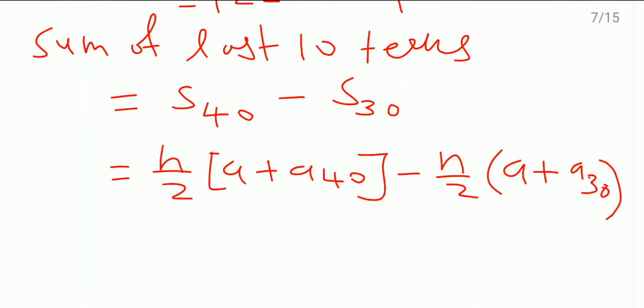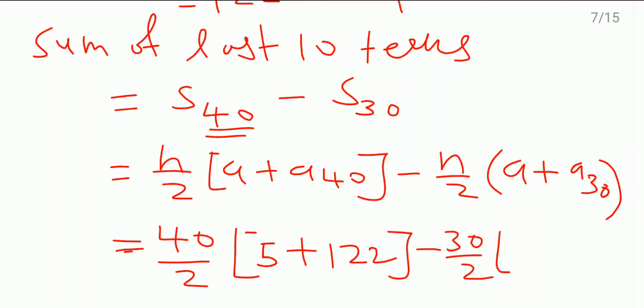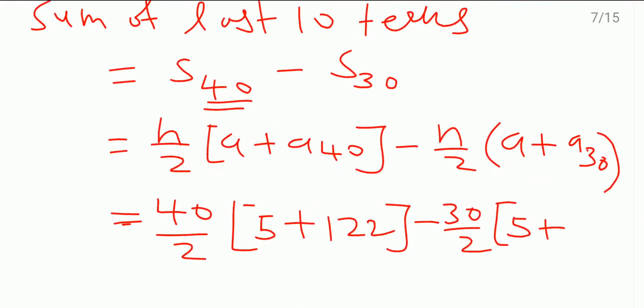Correct? Now, at this place 40 by 2, because this is 40, right? So A is 5. First term is 5 plus the 40th term is 122 minus 30 by 2. This is the first term. And the 30th term is what? 92. Correct. So this one is 92.